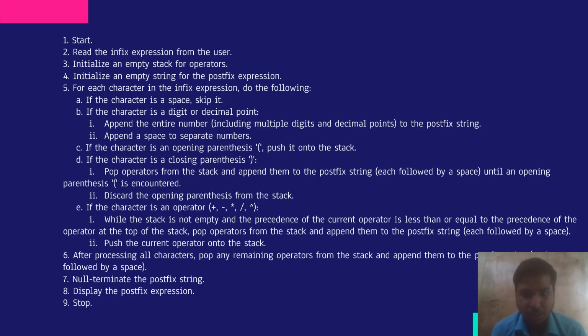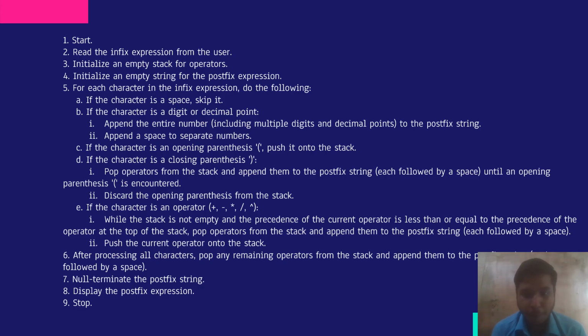If it's a digit or a decimal, read the full number and add it to the postfix string. If it's an opening parenthesis, we push it onto the stack. If it is a closing parenthesis, we pop from the stack to the postfix until an opening parenthesis is found.